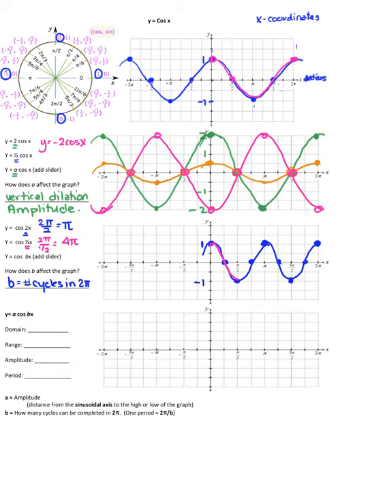So this is going to look like I start still high. I'm going to hit my half a cycle at 2 pi, which means I'm going to hit my low at 2 pi, which means I hit 0 in between.